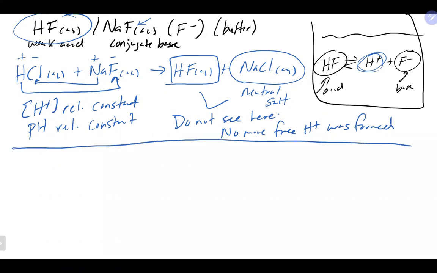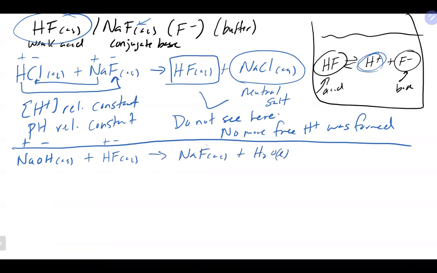Now, if we added sodium hydroxide to this same buffer, the sodium hydroxide, which is a base, will actually react with the acid part of the buffer. It also will do a double displacement reaction, basically an acid-base reaction, and we will get NaF and water formed.